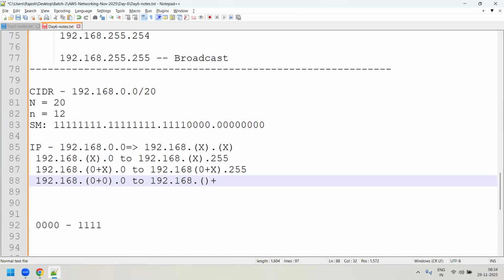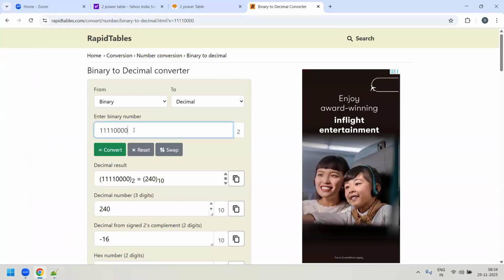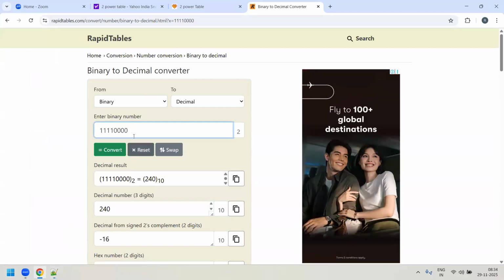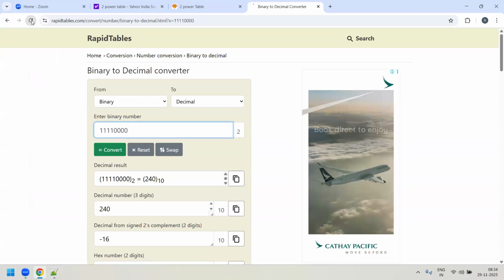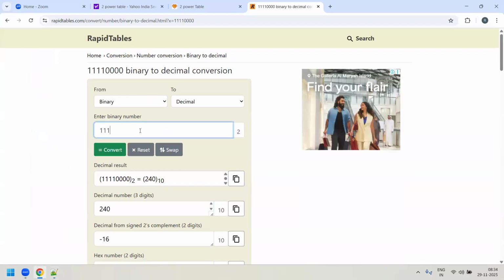What will be the 4-bit value? Is it 224 or 240? No, just one. Come on, what happened, man? It is 15 actually. Right?